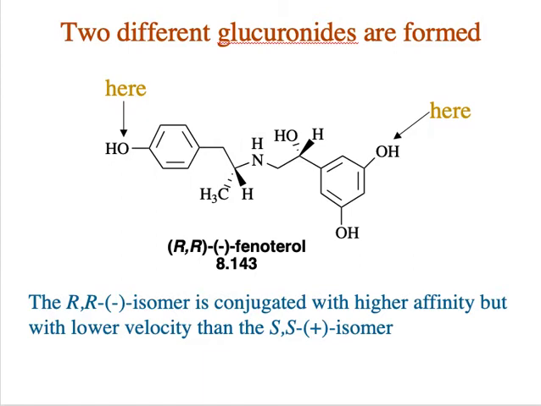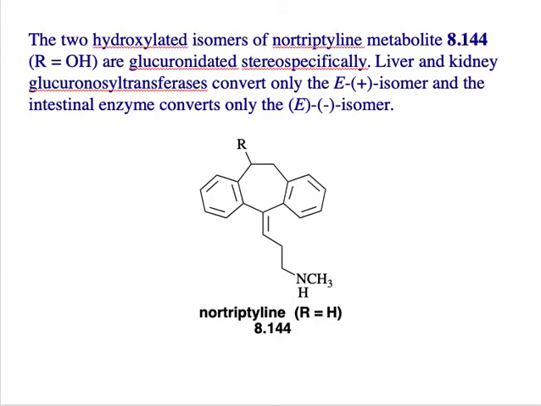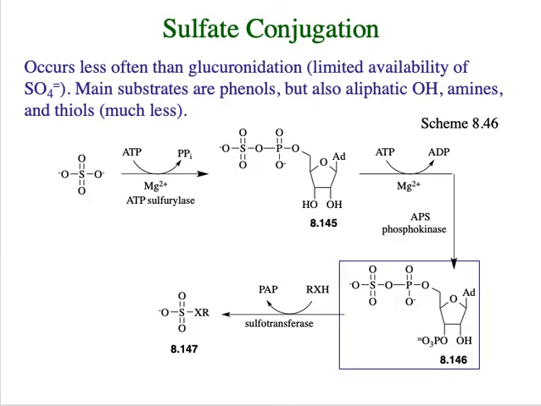They're really complex biopolymers. You also need to watch out for things like stereospecificity, where you're getting the two isomers, but liver and kidney are only going to give you one isomer, and the intestinal enzyme is only going to react with the other isomer. So that's something else you have to look for.